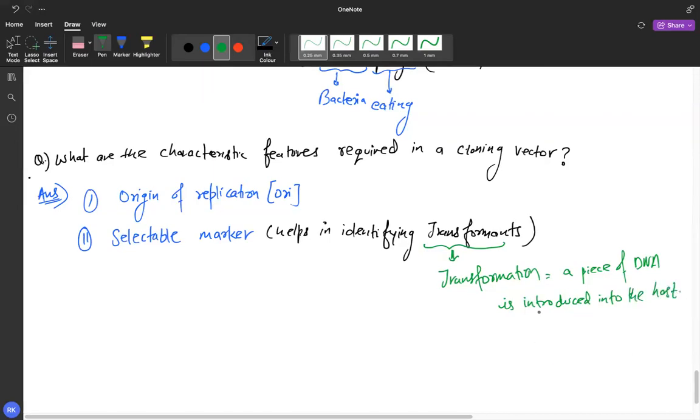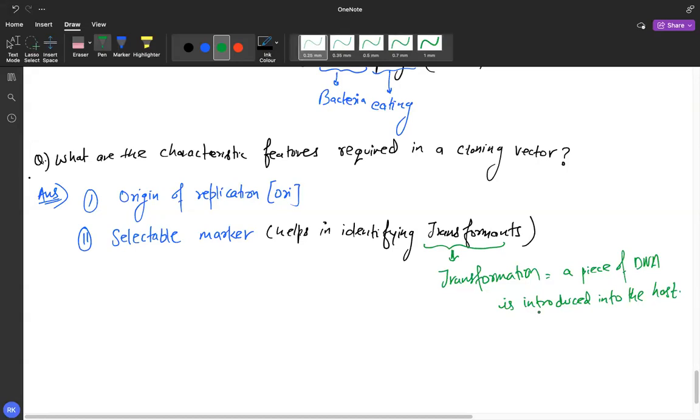Now, it can be a bacterial cell or it can be any other cell as well. But whenever we put any foreign DNA in any cell, we call that method transformation. So that cell is transformed now with a foreign piece of DNA. Make sense? Yes, sir. Perfect.